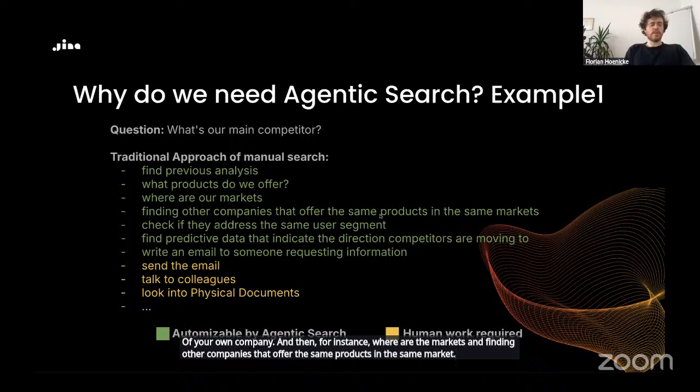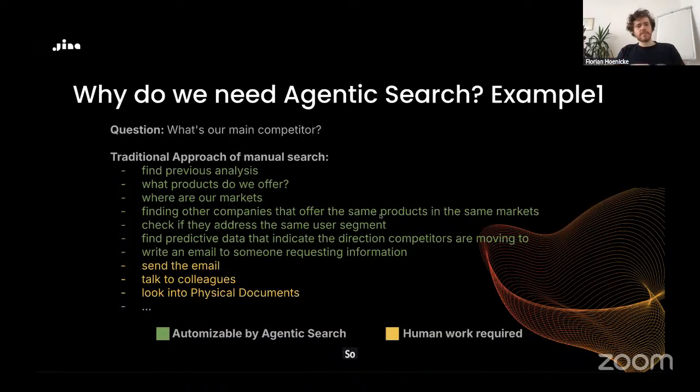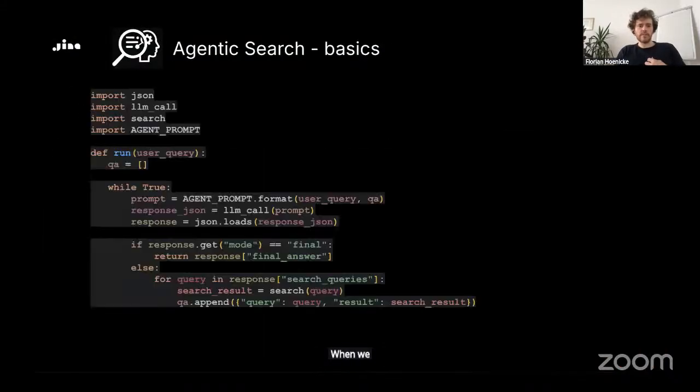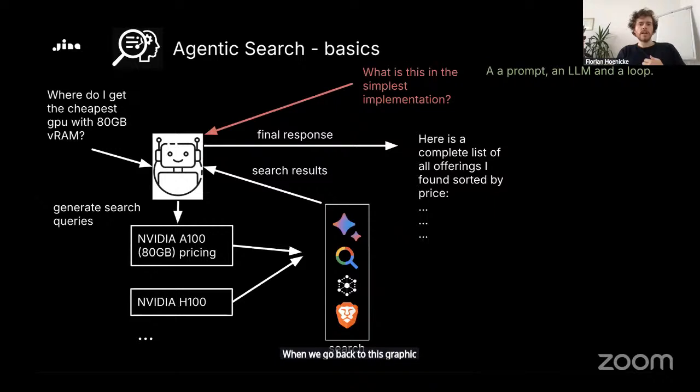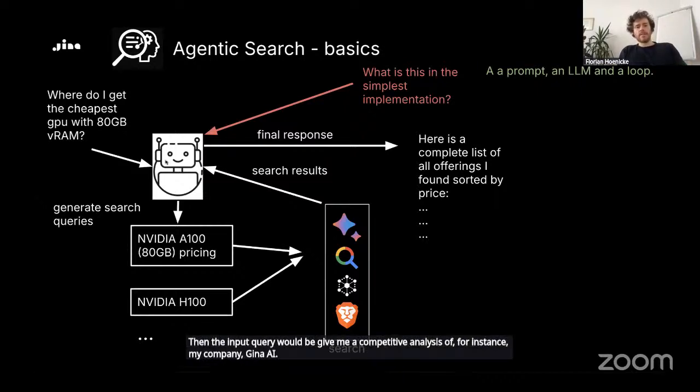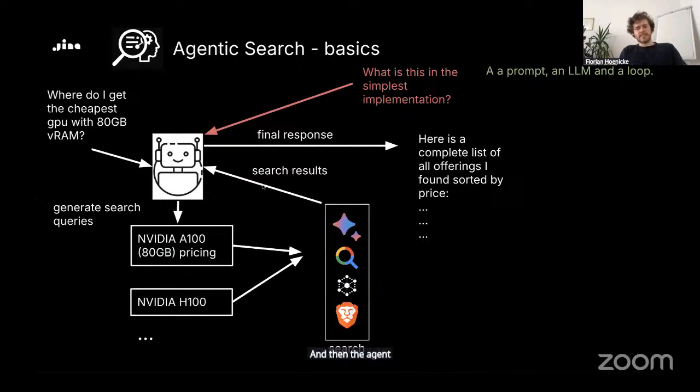So in each stage of this, when we go back to this graphic, the input query would be, give me a comparative analysis of, for instance, my company, Jina AI. And then the agent won't find a document online giving all this information, right? Because who would put this online? Maybe some people do, or maybe they have incomplete data.